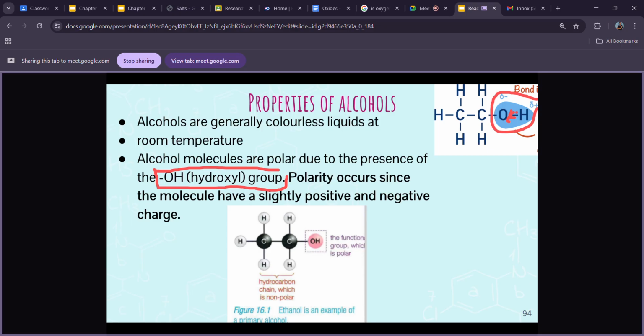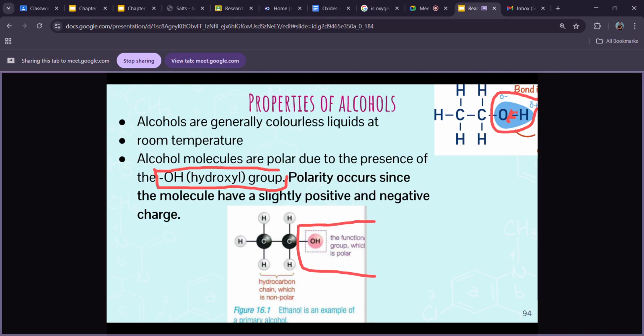Because of this, we say that the hydroxyl group here is polar. It's polar because of the oxygen and the hydrogen present, oxygen being a bit more electronegative than the hydrogen. It's not something that you really need to know, but I'm just explaining it so you understand a little bit about how the poles work. Polarity occurs since the molecule has a slightly positive and negative charge.